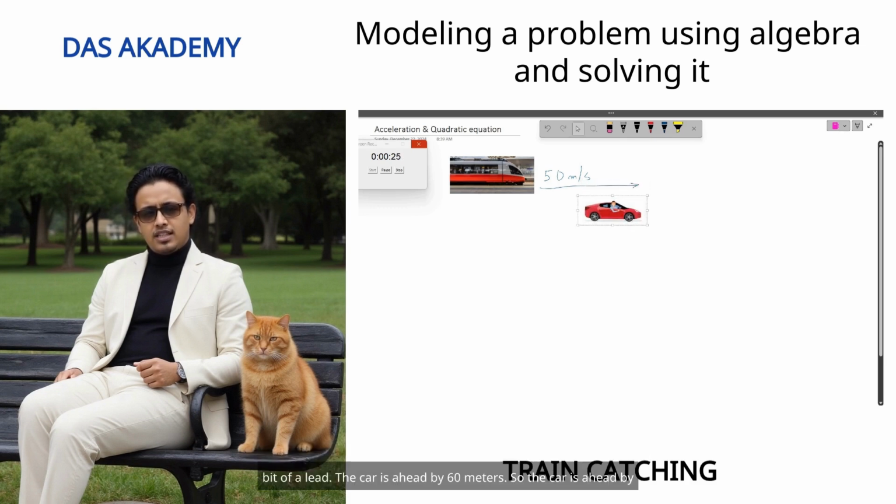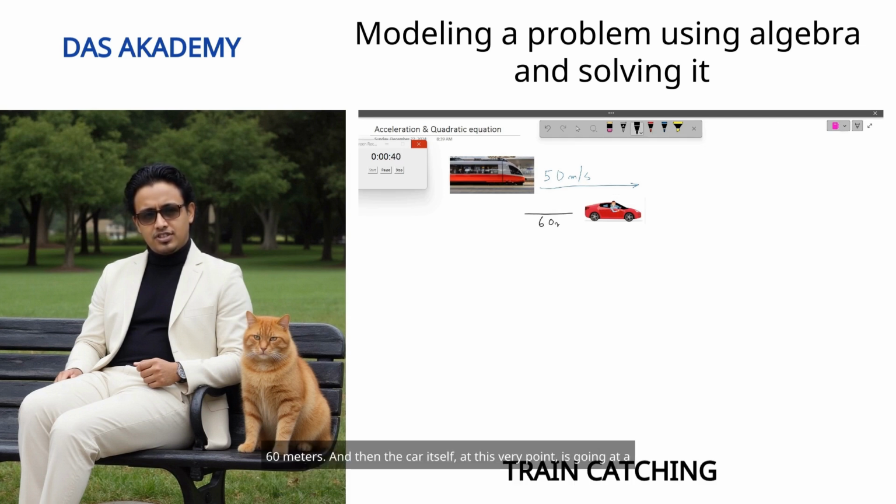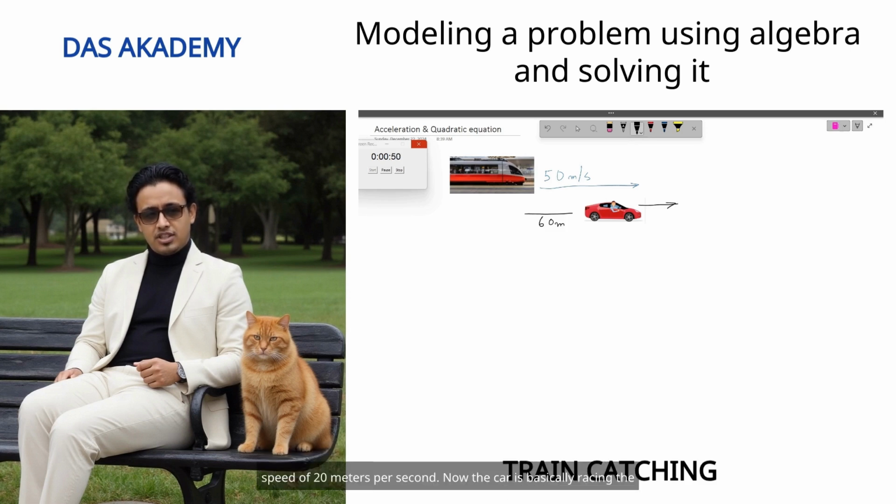The car is ahead by 60 meters. And the car itself at this very point is going at a speed of 20 meters per second.